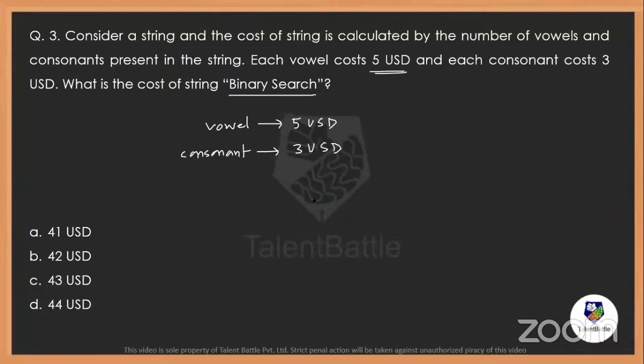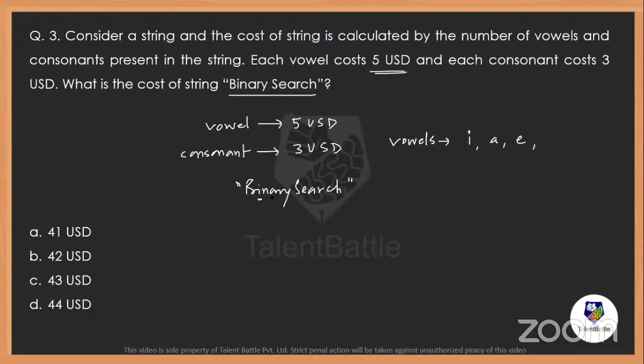Now to calculate the cost of the string binary search based on the scheme they have given, like vowel will have $5, consonant will have $3, we need to first count the number of vowels and consonants which are present in the string. So according to the string, that is binary search, I will first count the number of vowels. That is I, then A, then E. You can go sequentially.